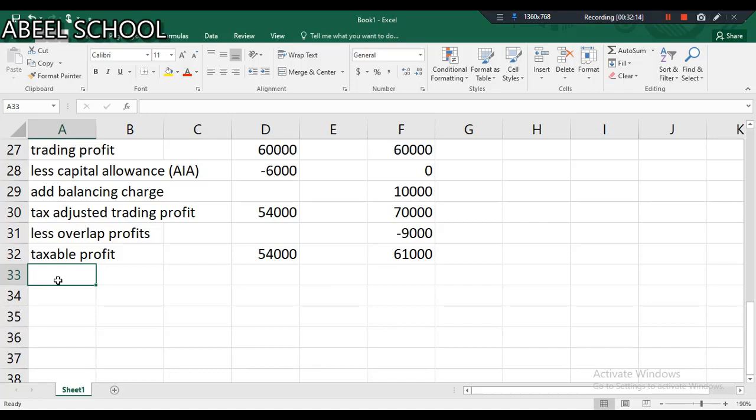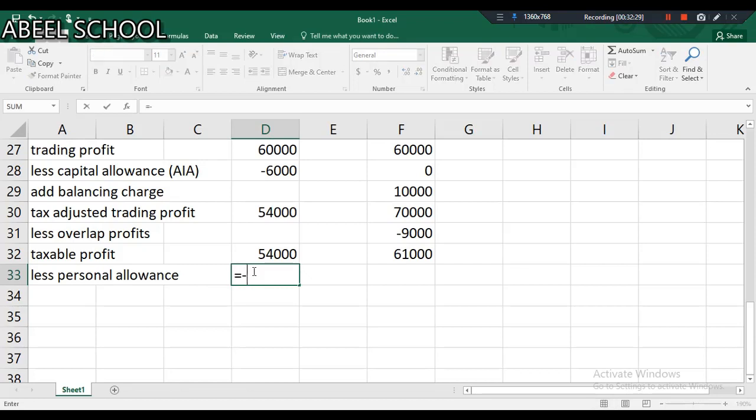Simply let us deduct personal allowance to get taxable income. Personal allowance is 12570. Obviously the same thing.